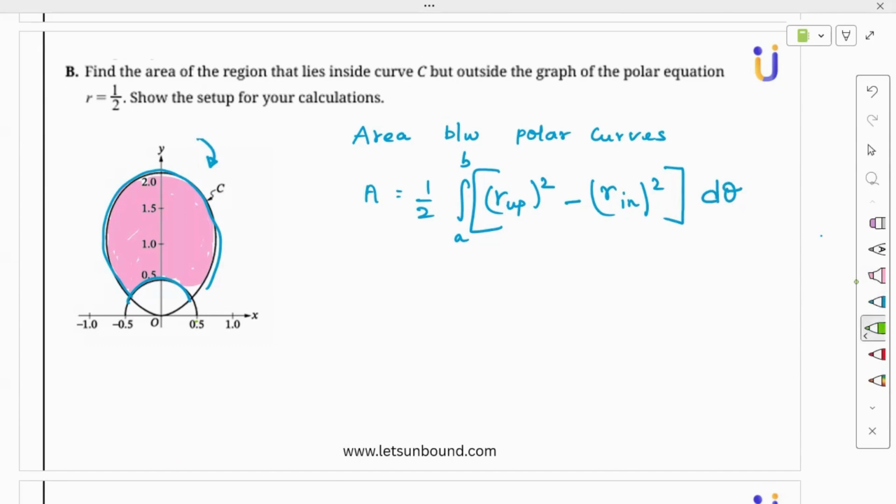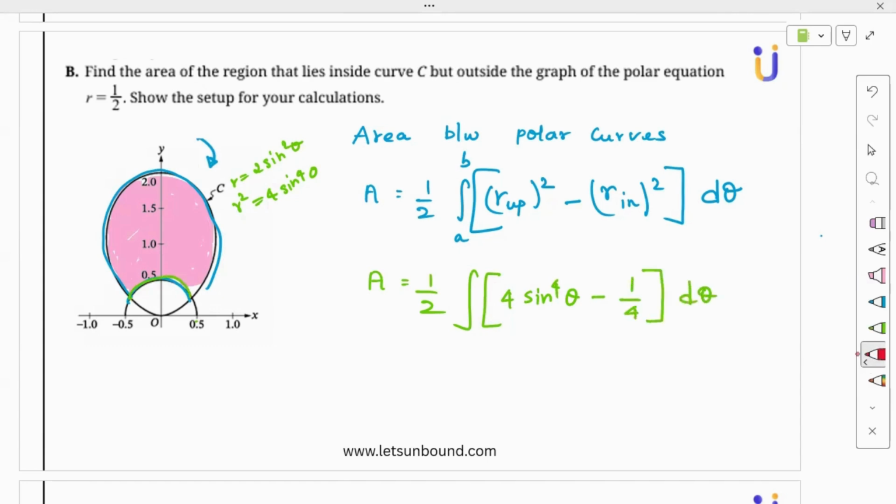The upper curve C is r equal to 2 sine square theta. When you square this, you get 4 sine power 4 theta. So I will write half integral, and I will work on the limits later, but now I'm filling this in: 4 sine power 4 theta minus r inner, which is 1 by 2, squared, so 1 by 4, d theta.